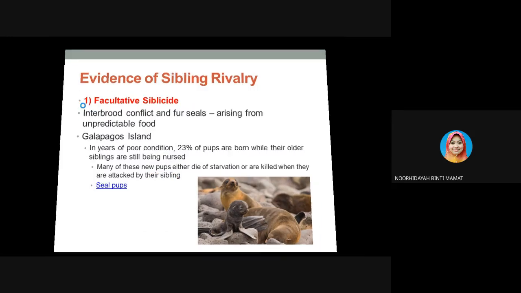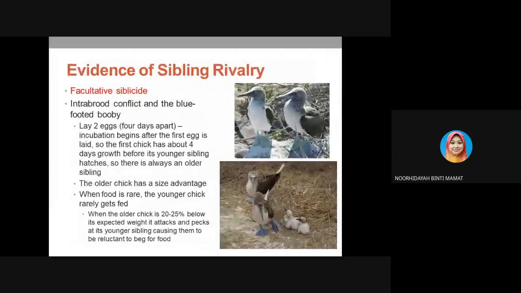All right, so now the facultative siblicide in the intra-brood conflicts. As you know, intra-brood conflict is where a parent has two offspring in a brood. For example, in the blue-footed booby, the mother lays two eggs in one brood, but they are 4 days apart.